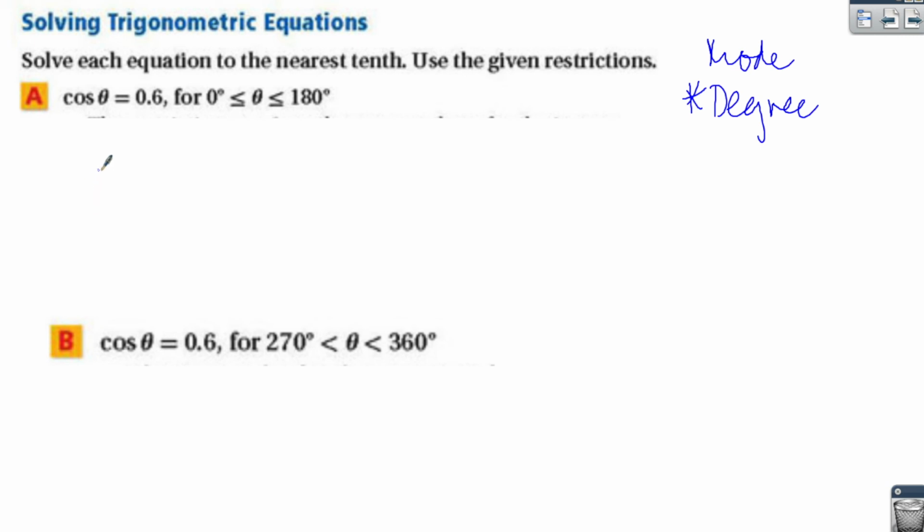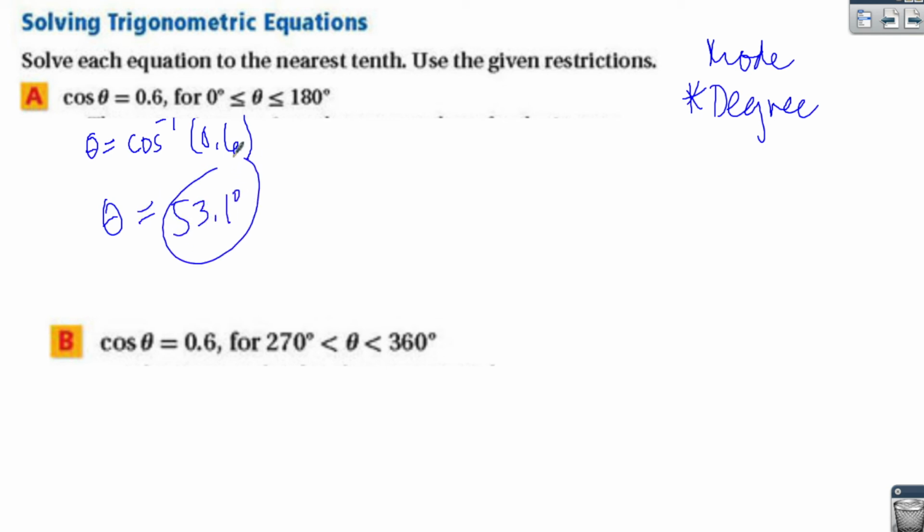Right here, you're going to find the inverse function because you're looking for theta, an angle measurement. So you will say, well, I need the inverse cosine of 0.6. You can enter this into your calculator, and when you do, confirm that you're actually getting a 53.1 degree measurement. But before you know you're done, you want to do one extra step.